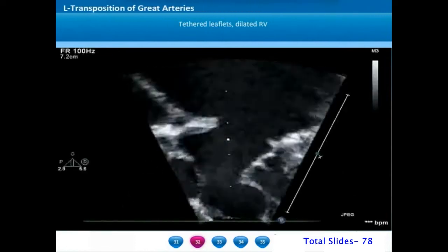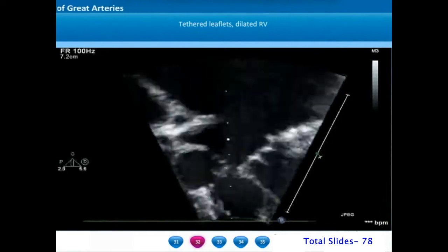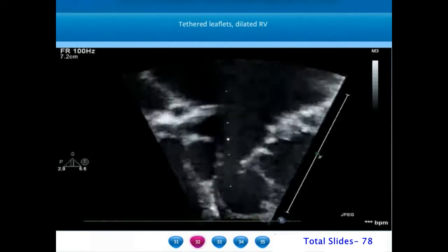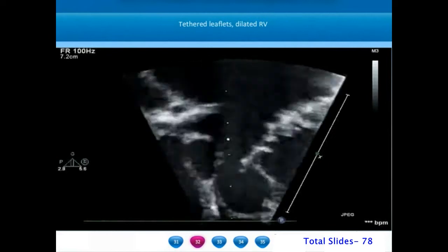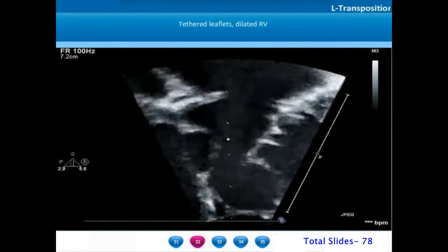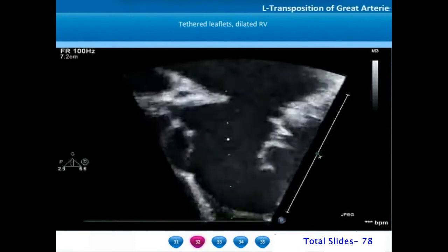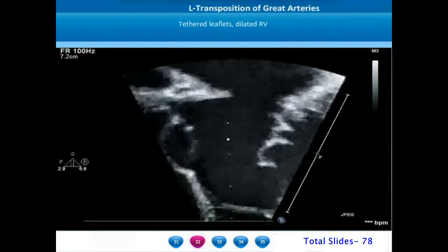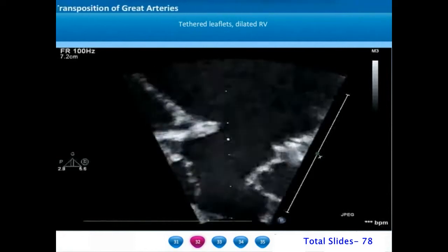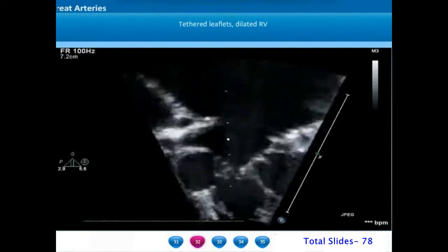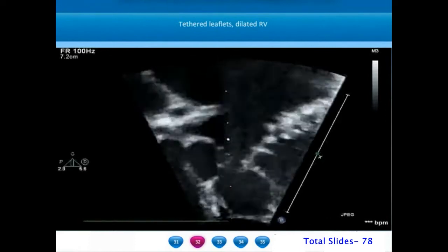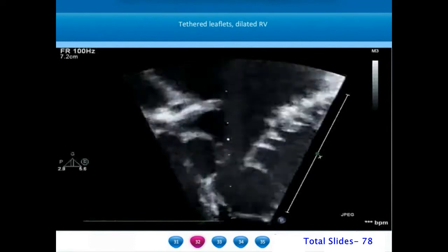In this example, there is restricted mobility of the tricuspid valve leaflets caused by a dilated right ventricle and tethering of the right ventricle by the shortened chordopapillary apparatus. This tethering is caused by a dilated right ventricle and right ventricular systolic dysfunction along with a congenital shortening of the subvalvular apparatus.